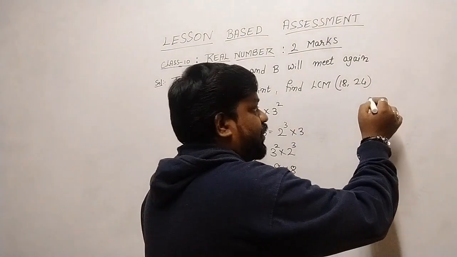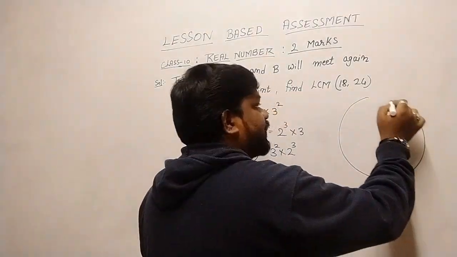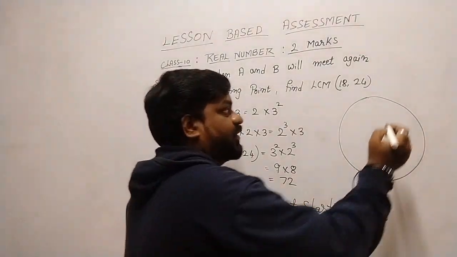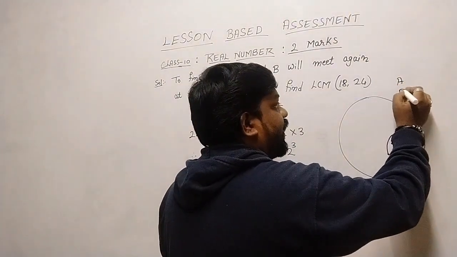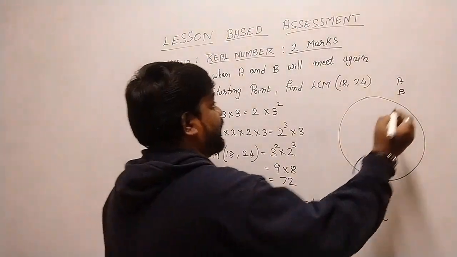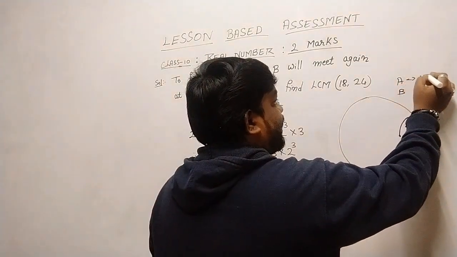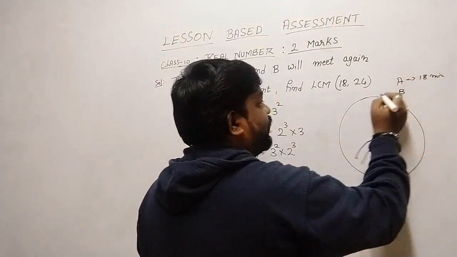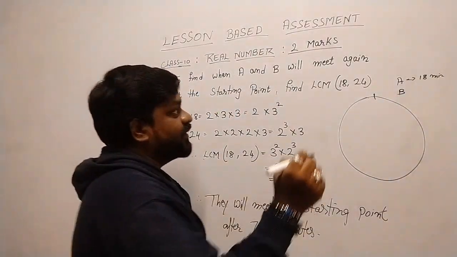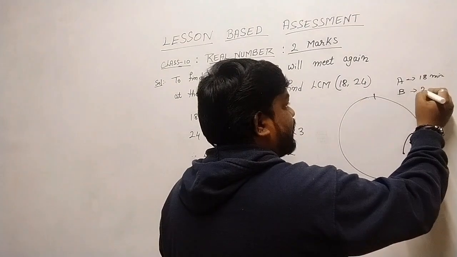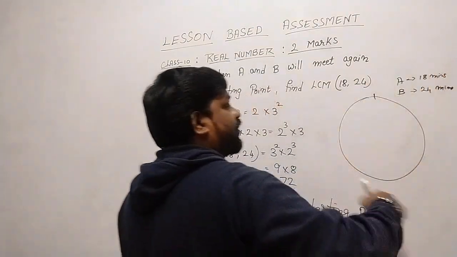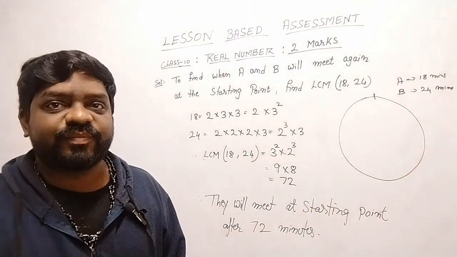So according to the question, there is a circular field and there are two persons, A and B. A takes 18 minutes to complete one round, whereas B takes 24 minutes to complete the round.